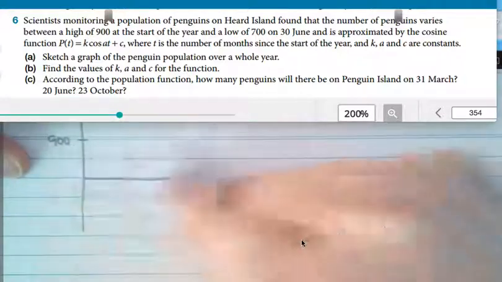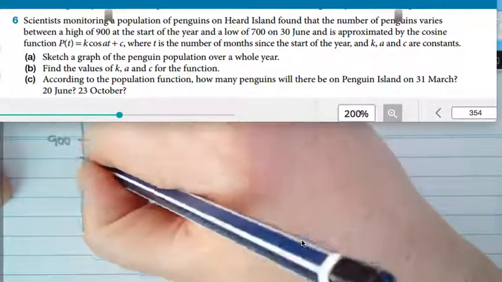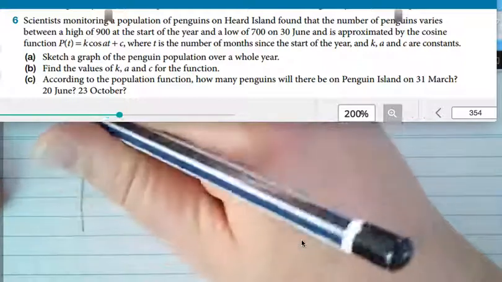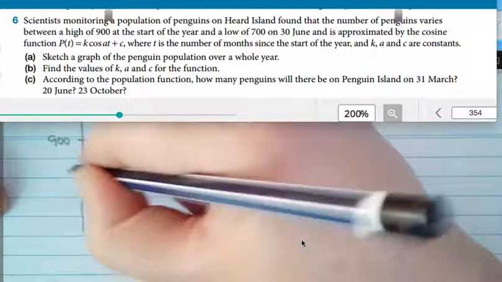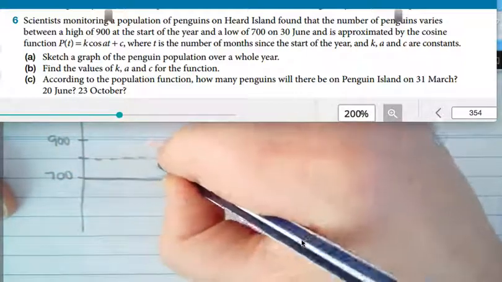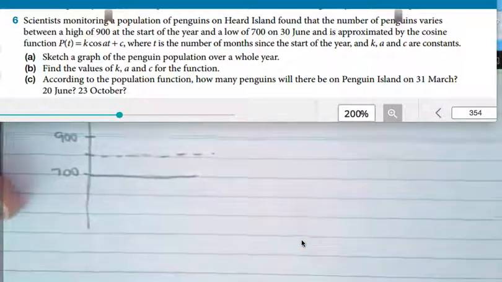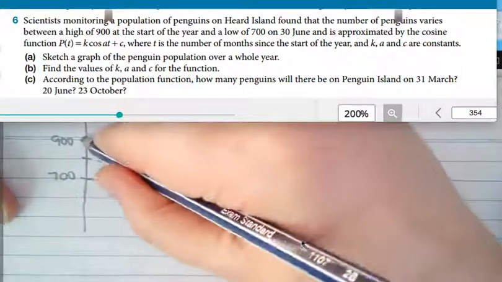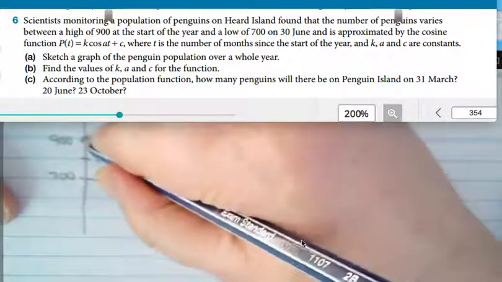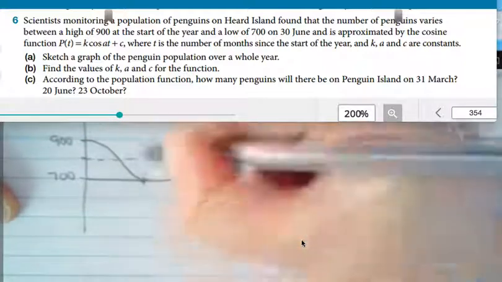Don't put the line yet, please. It only goes between 900 and 700, doesn't it? And that's your low. So that's the bottom. So the high is at 900. The low is at 700. That's how it goes. And then what's going to happen to it?